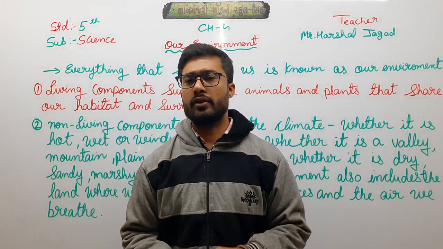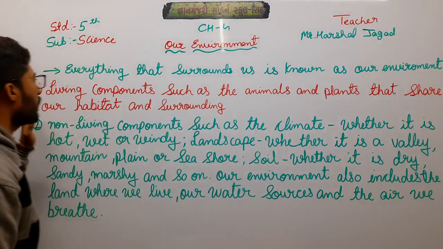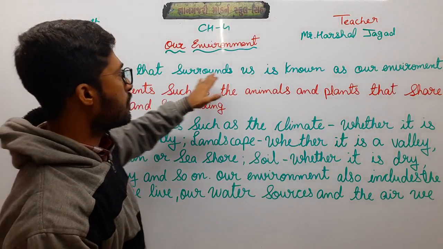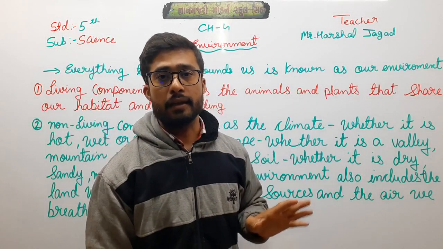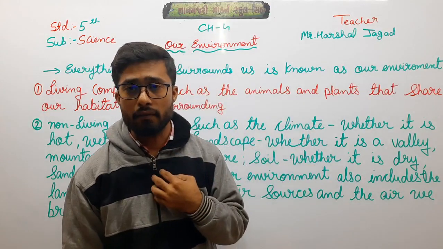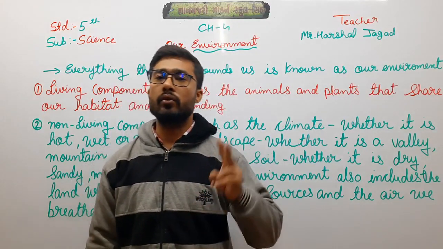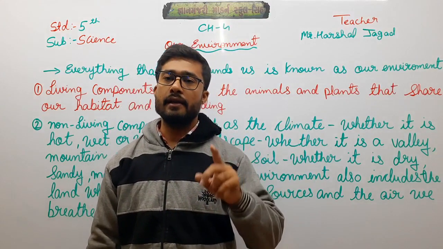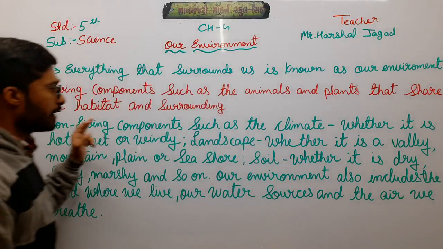So here we have seen first of all what is environment. Environment means everything that surrounds us is known as our environment. Anything that surrounds us is known as our environment. Then secondly, they have divided environment into two subcategories, living components and non-living components.